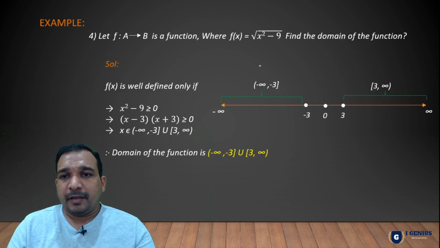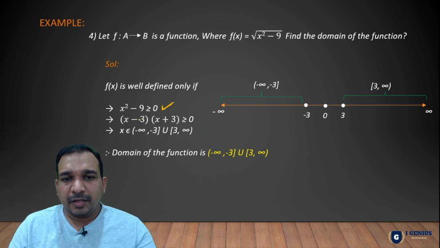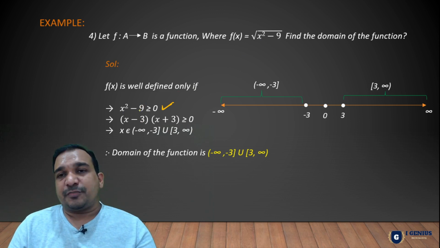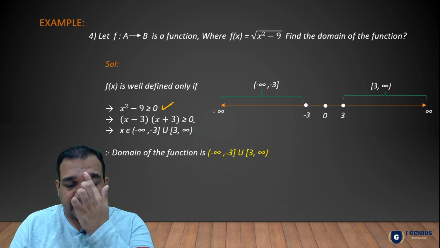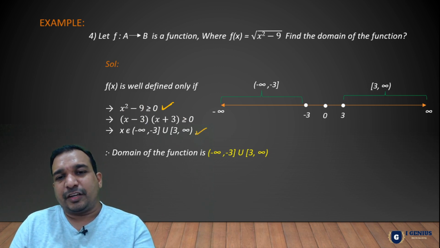See, this x square minus 9 greater than or equal to 0. Yes, I can write this 9 as 3 square. So by the a square minus b square formula, a minus b into a plus b greater than or equal to 0. Then I got the answer directly, minus infinity to minus 3 union 3 to infinity.